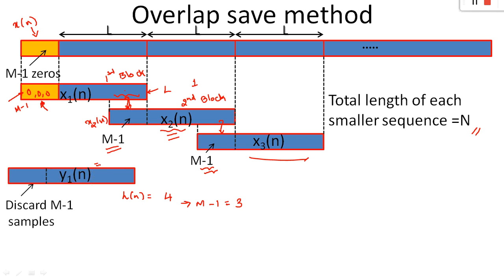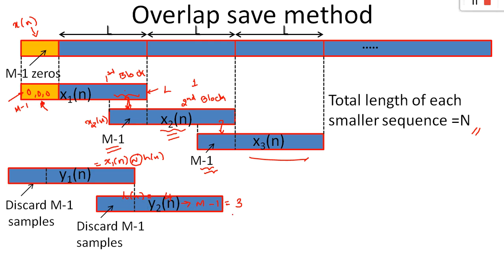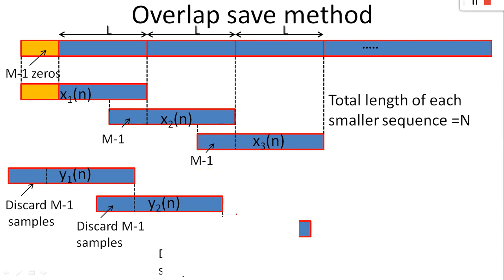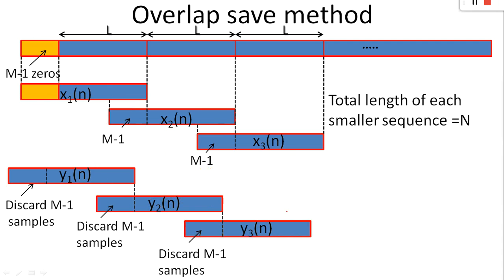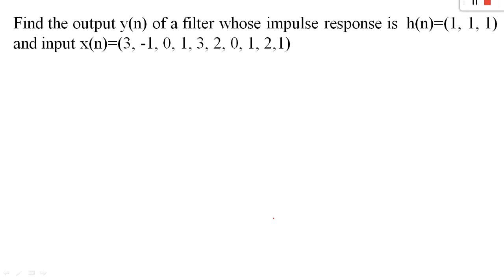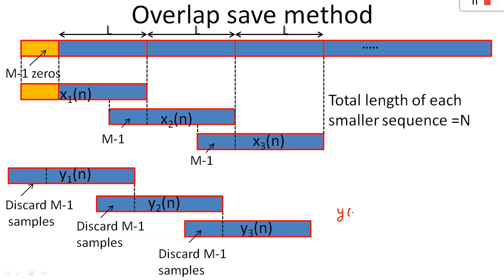Now finally we perform y1 of n. What is y1 of n? Y1 of n is nothing but x1 of n circularly convolved with h of n. Similarly, I will be performing y2 of n, and similarly y3 of n. So finally, when I want to have the y of n sequence, I fetch y1 of n.